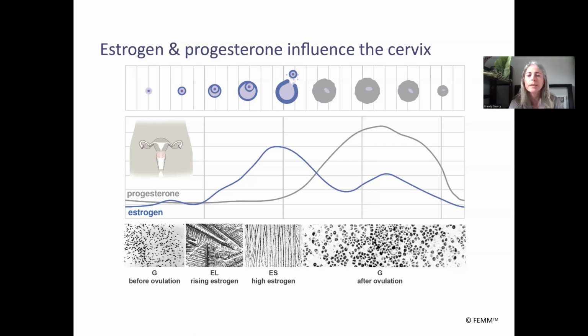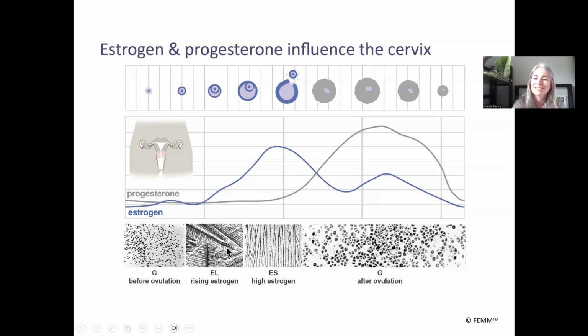Speaking of ES, it is the high estrogen state. It corresponds to a specific quality, specific different qualities within your cervical fluid. These being stretchy, very lubricative, very slippery type cervical secretions.